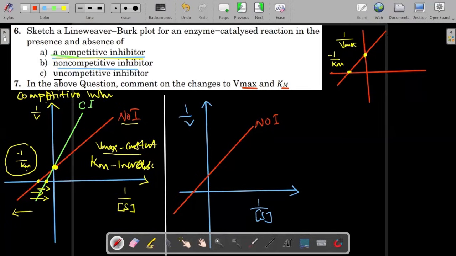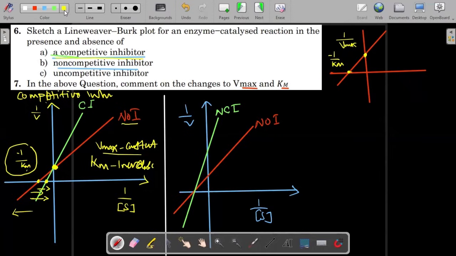Then once we introduce a non-competitive inhibitor, this is what is going to happen. We are going to have a line that will come from there and then pass through that like that. So when we have this straight line in green here, it means you have a non-competitive inhibitor.